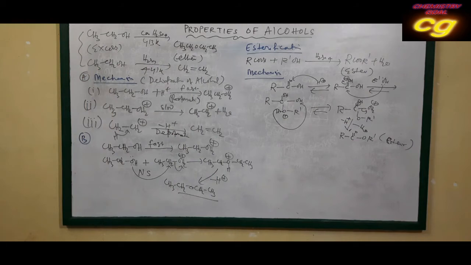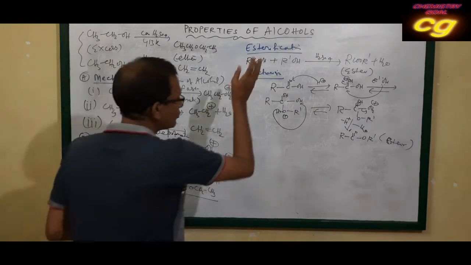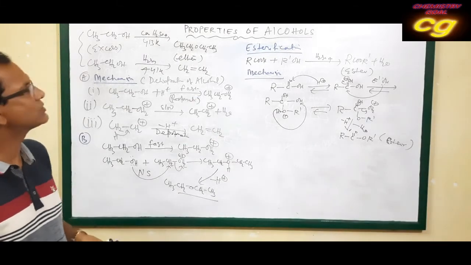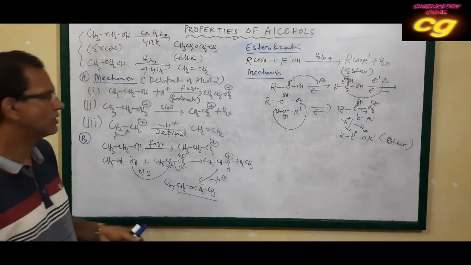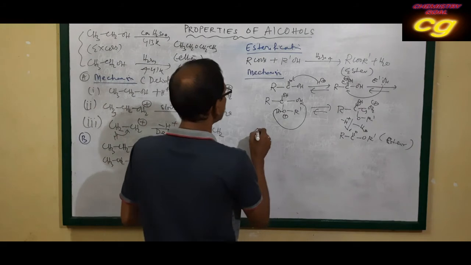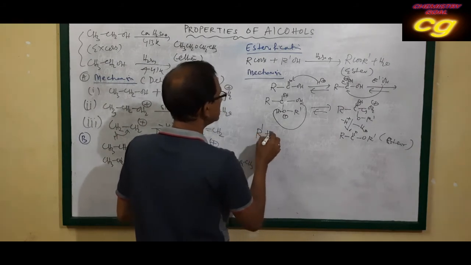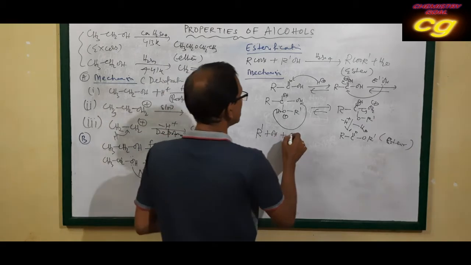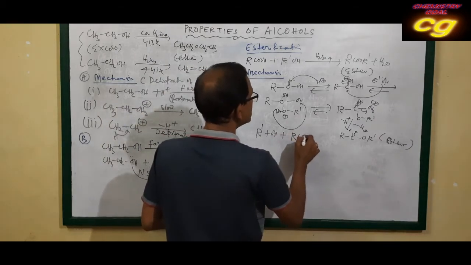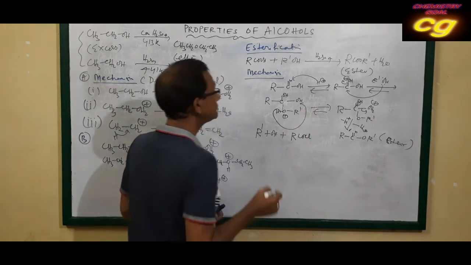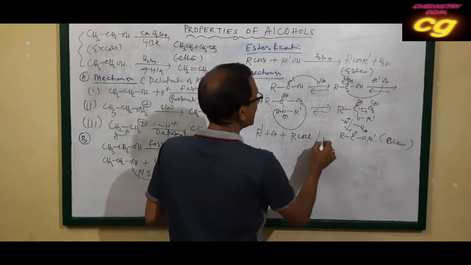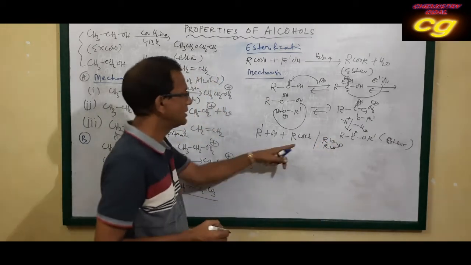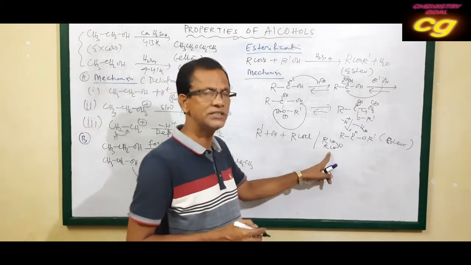So alcohol reacts not only with acid; all acid derivatives react with alcohol forming ester. If you take alcohol plus any acid derivative, RCOCl, or RCO-O-COR, that is acid halide, this is acid anhydride.